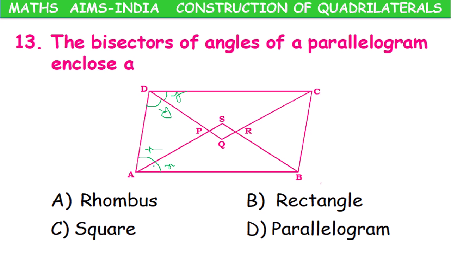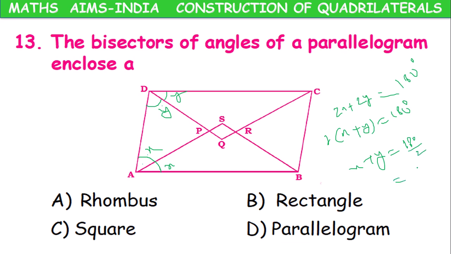Here the sum of adjacent angles in a parallelogram is 180 degrees. So x plus x, 2x, plus 2y, 2x plus 2y equals 180 degrees, or 2 common, x plus y equals 180 degrees, or x plus y equals 180 by 2, which is 90 degrees.